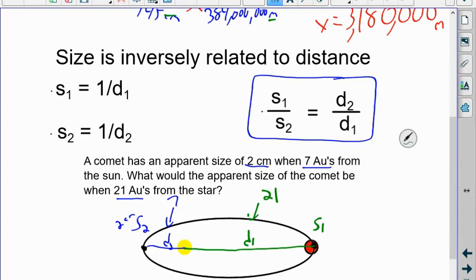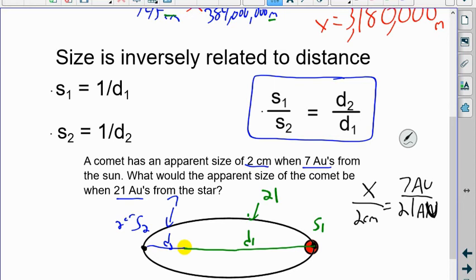So when I plug in my numbers, S1, I don't know, over S2, which is 2, is equal to D2, which is 7 AUs, over D1, which is 21 AU. That's a U, promise.